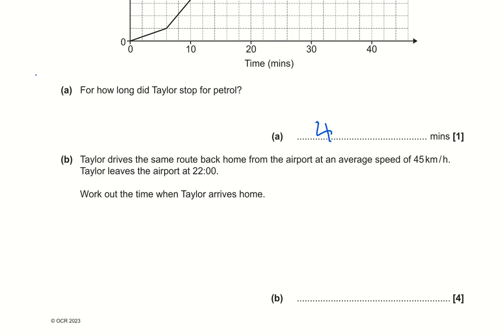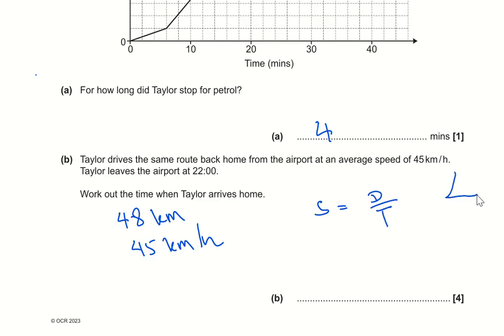The distance is 48 kilometers from home to airport, and my speed is 45 kilometers per hour.